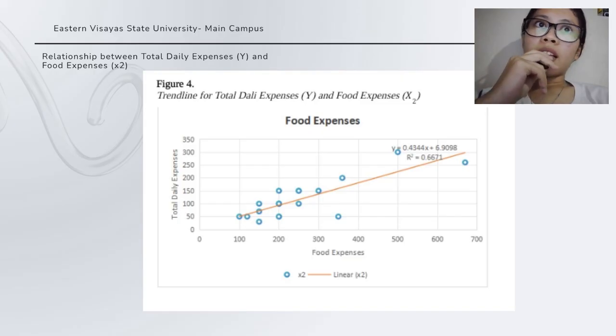So this demonstrates that for every additional peso spent on food, the total daily expenses increase by 0.4344 or 43.44%. So we therefore conclude that since r squared is 0.6671 or 66.71%, the food expenses is a strong predictor, meaning it has a strong relationship with our dependent variable y.